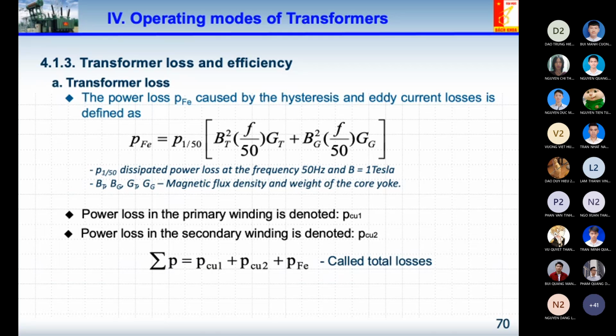And also if you design this transformer with optimization, the total loss must be reduced. Once the total loss is reduced, it means that the efficiency of the transformer is higher.